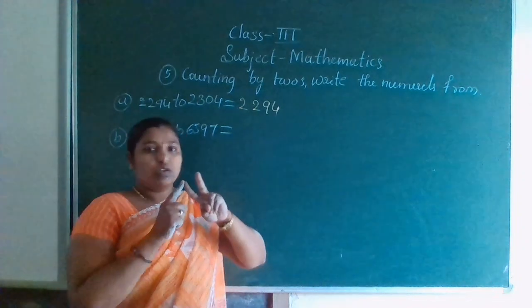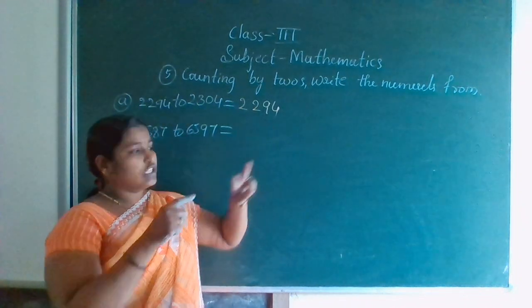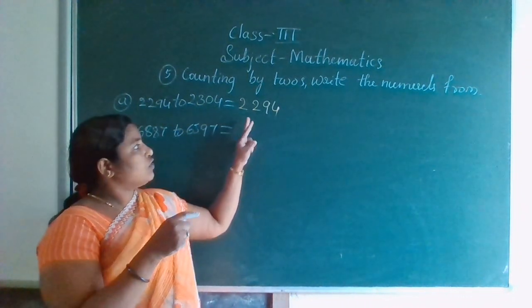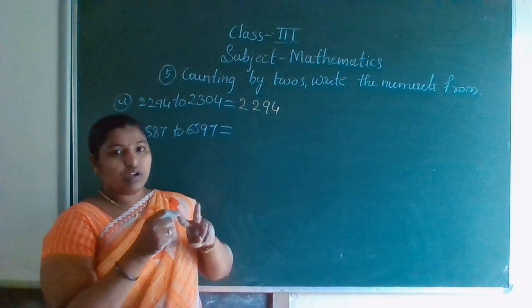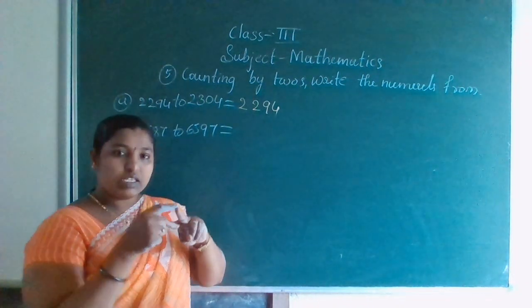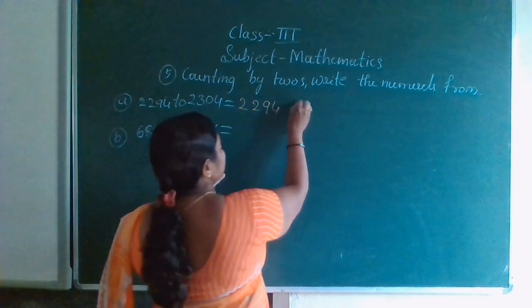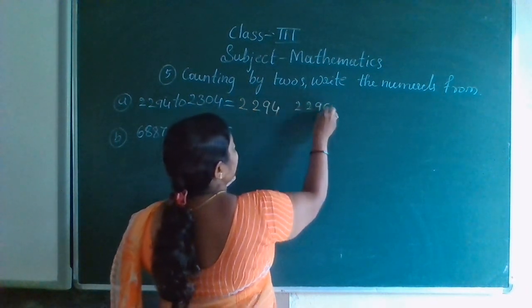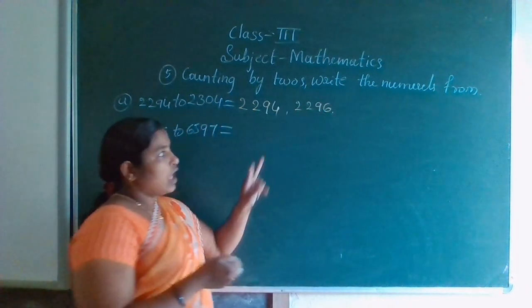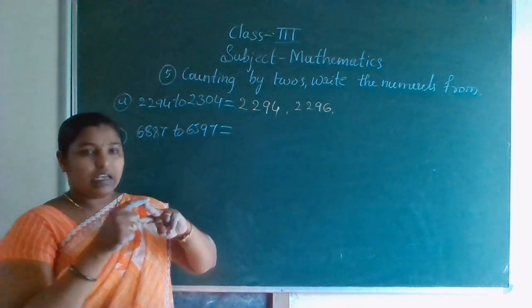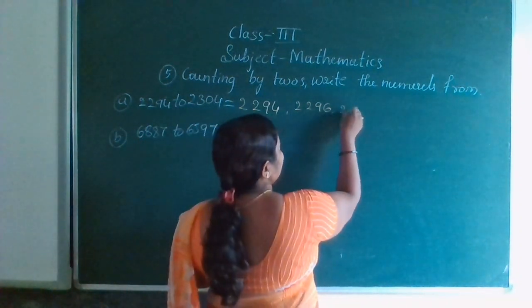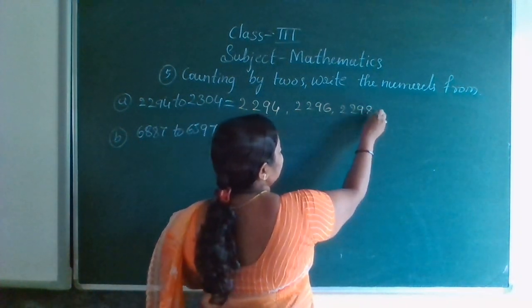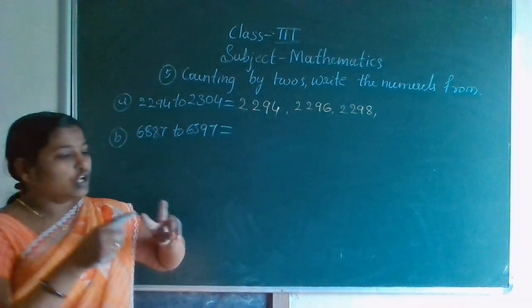You should not count this number here. After this you should count. 2294, 95, 96. So 2296. After this 97, 98. So 2298.